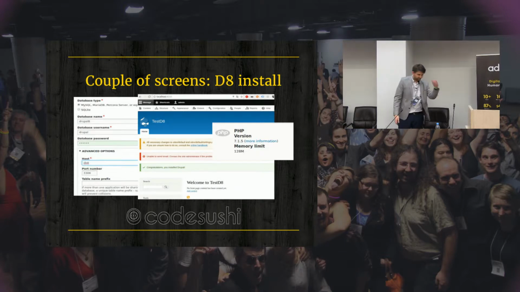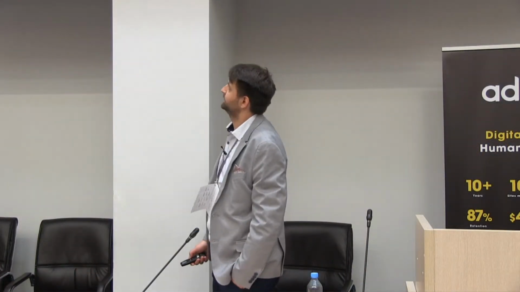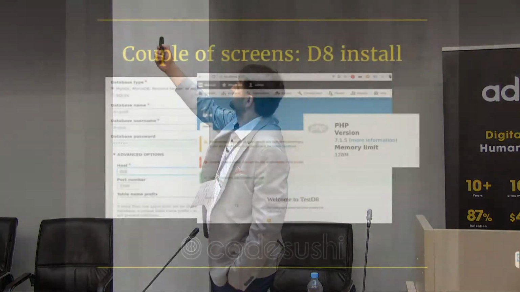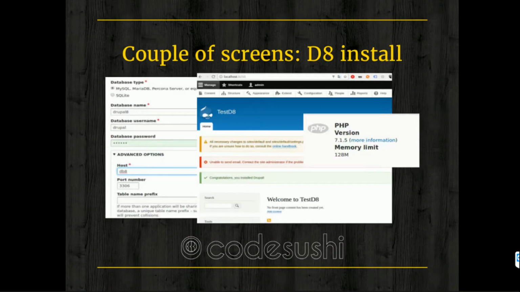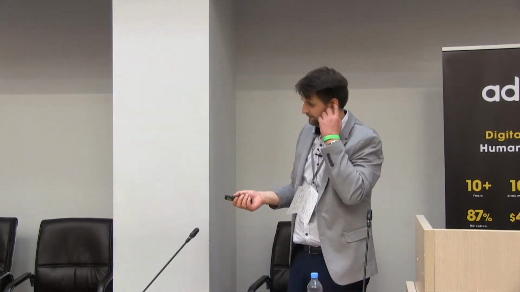So I prepared a couple of fake screenshots showing that it's working. And one awesome thing about Docker, oh no, it's not awesome. This is the awesome thing. When we connect to the database, Docker creates whole convoluted networks inside itself, but Docker Compose makes it super easy.